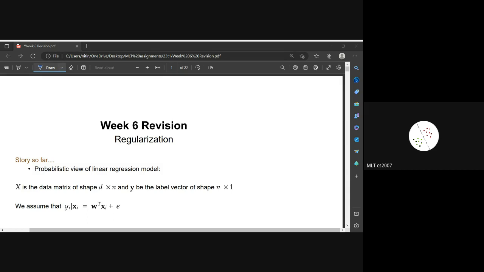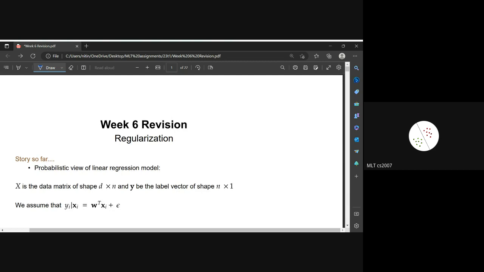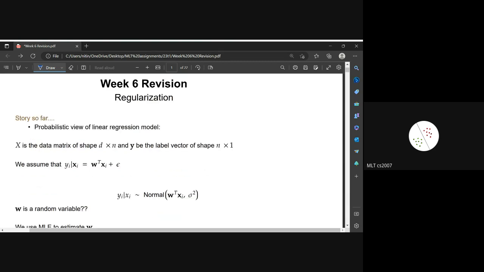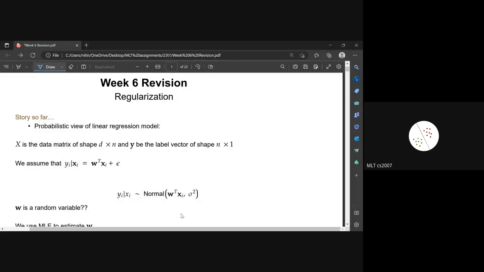In week 5, we also saw the probabilistic view of the linear regression model, where we assume that our labels are associated with the features in some manner. We assume that y comes from some function of x, but with some noise associated with it.